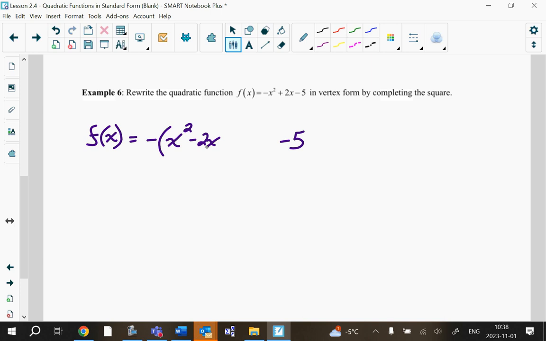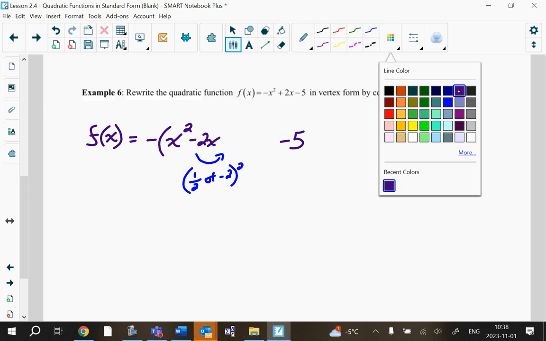So what do I add and subtract? Half of -2, squared, gives me +1.